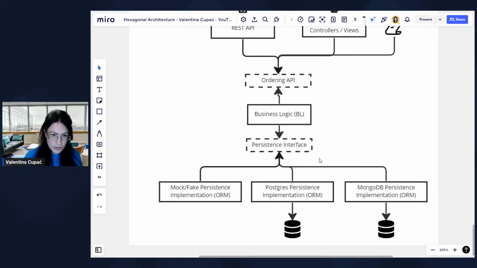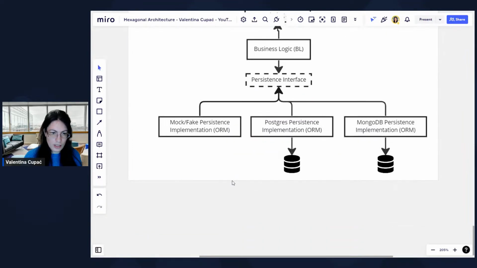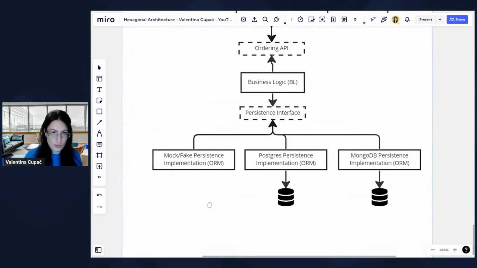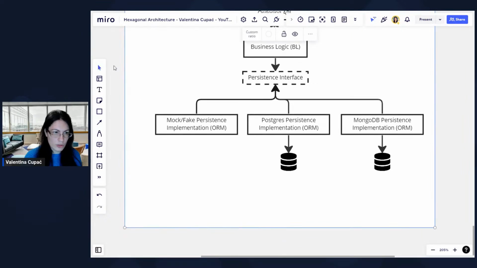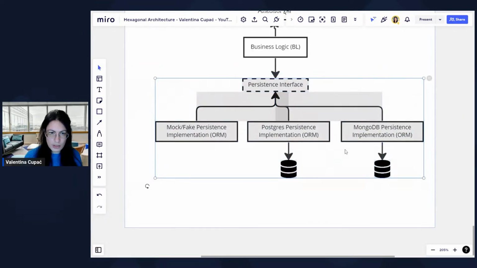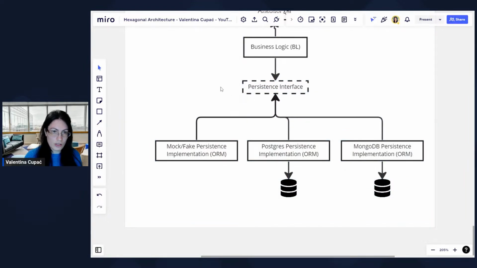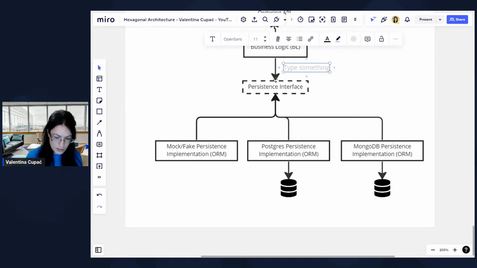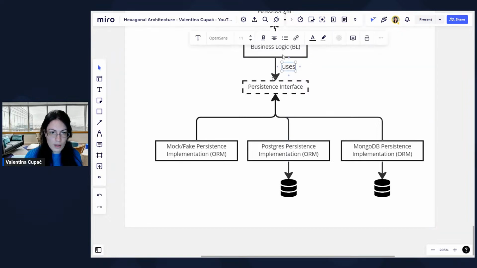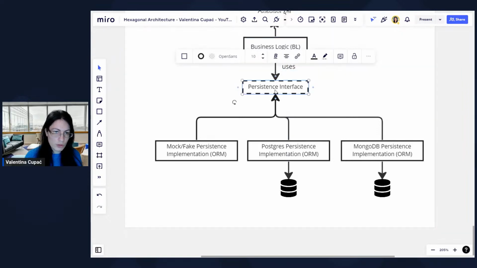Now, I do want to be more precise here. We're focusing only on business logic and what's below, about these arrows, because this is where it can get a bit confusing. So business logic, we could say, is using the persistence interface. So this is like users. Business logic uses or calls the persistence interface.